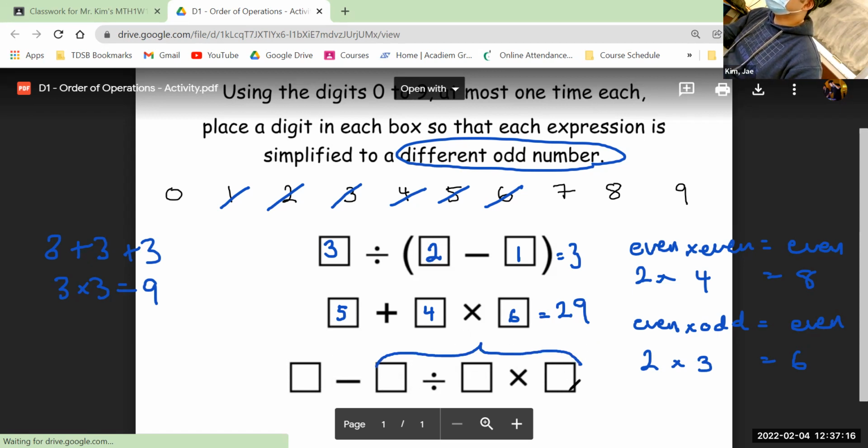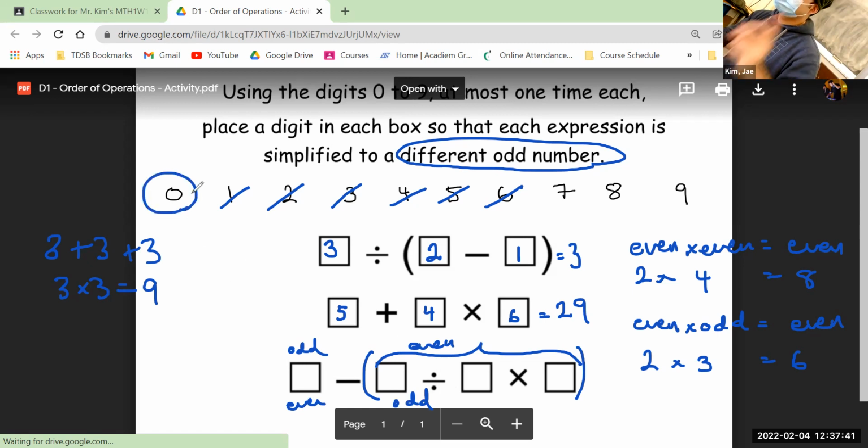When I am multiplying or dividing between these numbers, like whatever this turns into, and that first square, it's got to be a difference of an odd with an even, or an even with an odd, one or the other. It's got to be. But I'm going to cheat. Watch this.